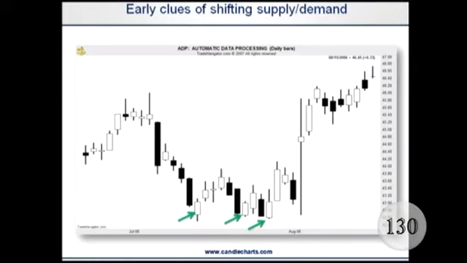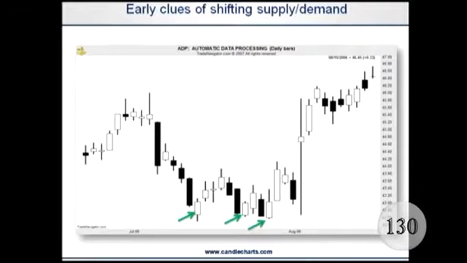Okay, and this is interesting. Early shifting clues of supply and demand. So the first green arrow on your left, the closes aren't the same. I wouldn't really be viewing that as a bullish counterattack because the white candle really didn't gap down that much lower. But it's really interesting. Look what happened right around that same support area.